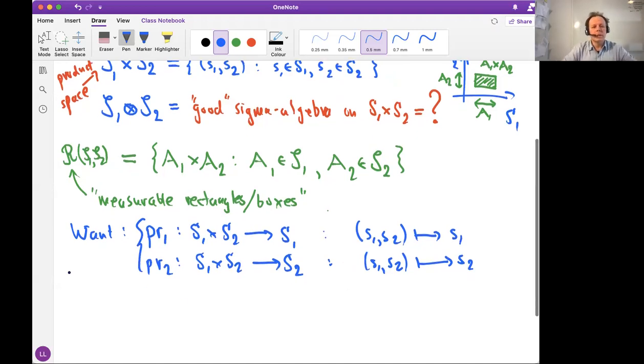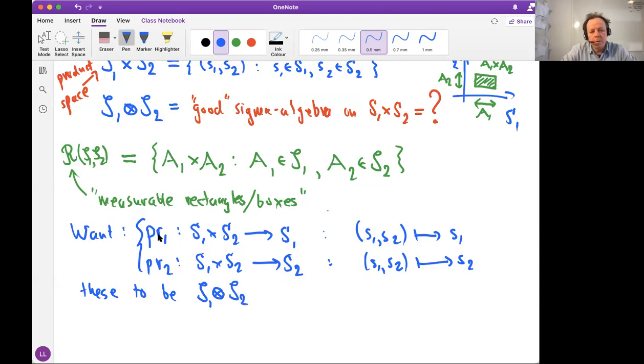So we want these to be measurable with respect to our target sigma algebra, which we want to call by this name. This is our target sigma algebra.